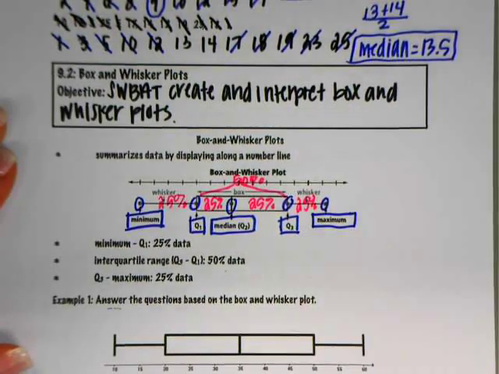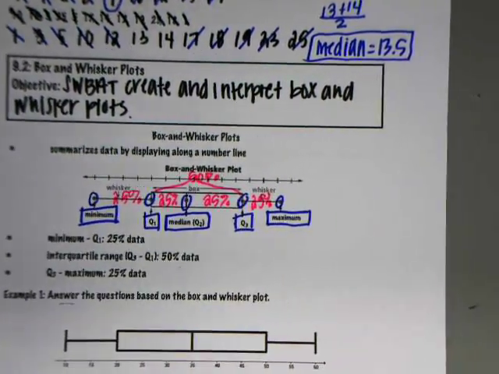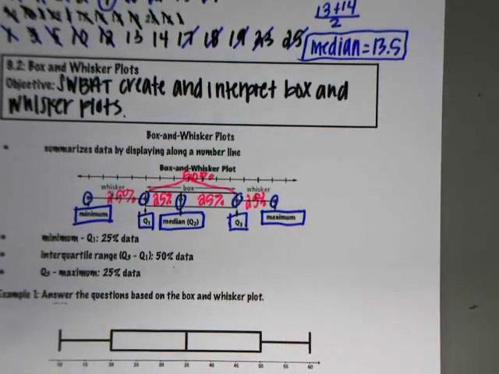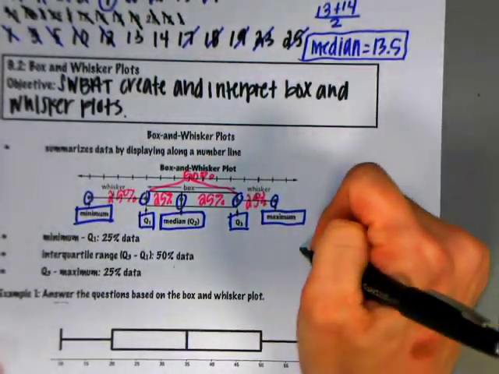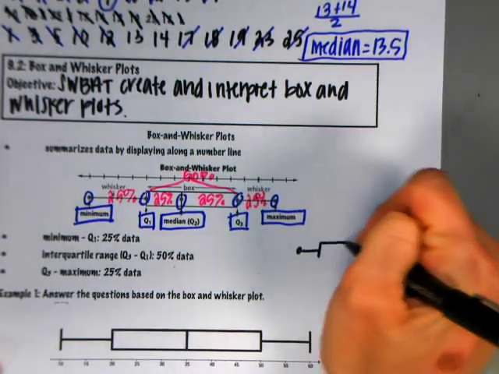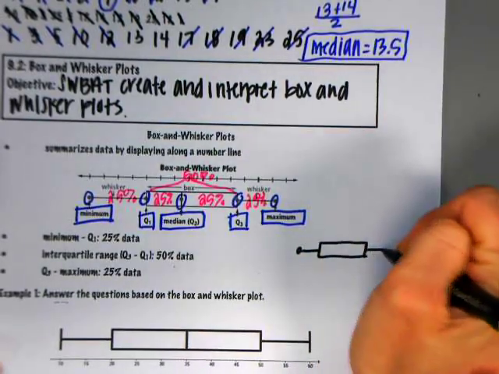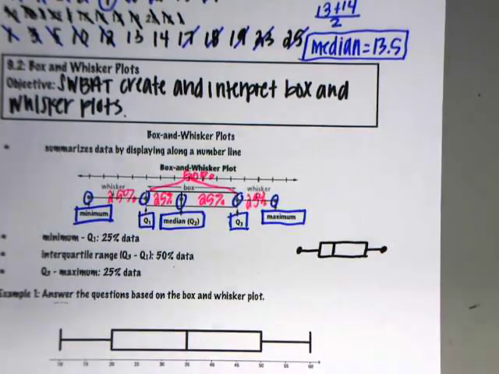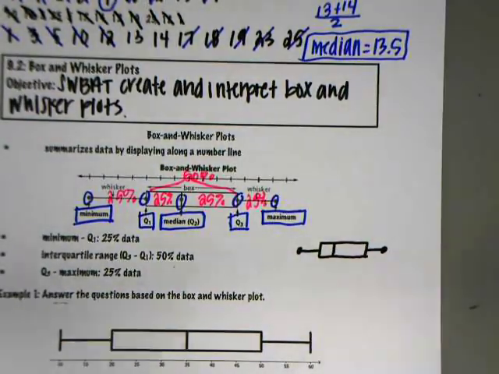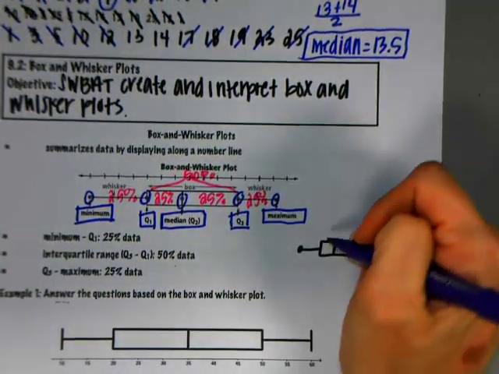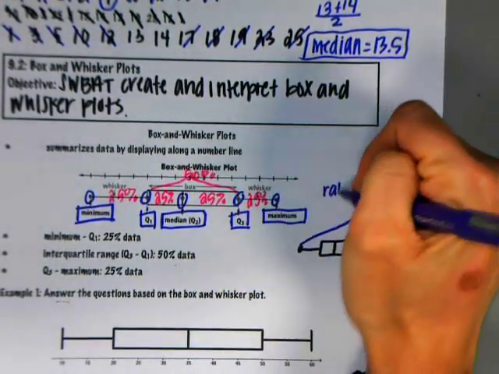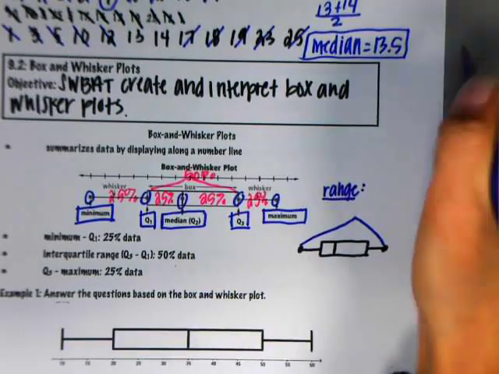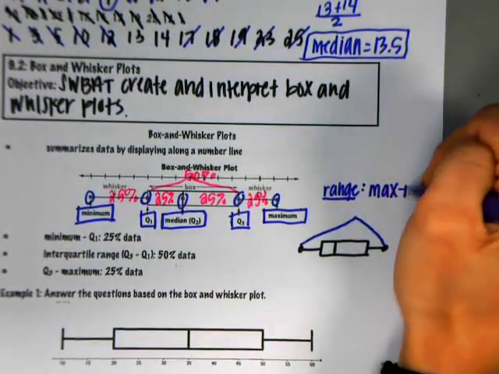Okay, and then also we have a new thing they're going to ask us to find. It's called the interquartile range. So I'm going to make a new little plot thing here so we can label it. Your normal range, like we did in 9.1, is your smallest minus your biggest. So normal range is your maximum value minus your minimum value.